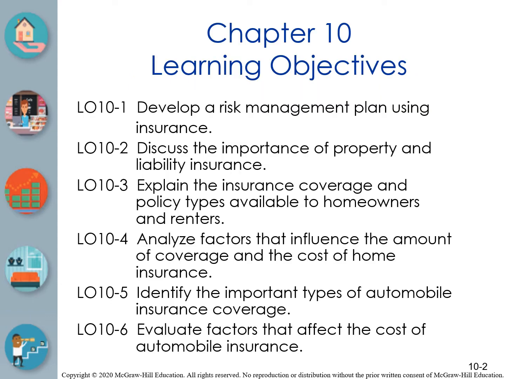So with chapter 10, our learning objective is developing a risk management plan using insurance. Just a quick overview of what insurance is all about: insurance is to protect you against something that is likely to happen, those things that you really can't alter, things that happen, accidents, right?